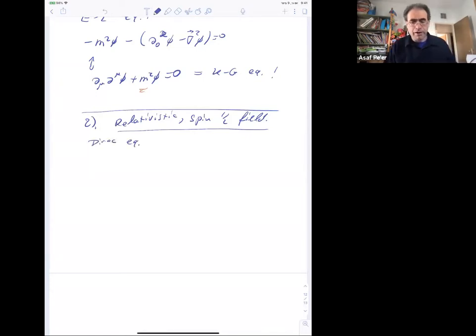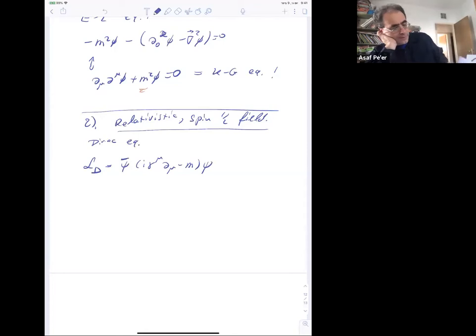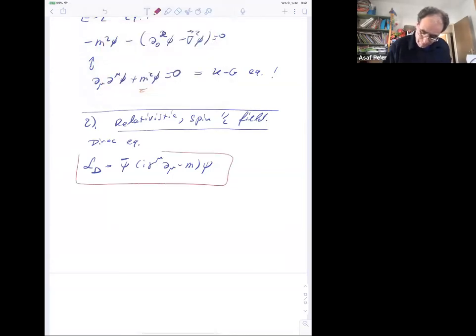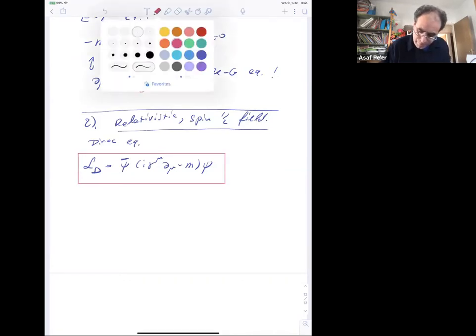So we must have a Lagrangian which will give us back the Dirac equation. And the Lagrangian that does that is L Dirac equals psi bar (i gamma mu d mu minus m) psi. It actually works.